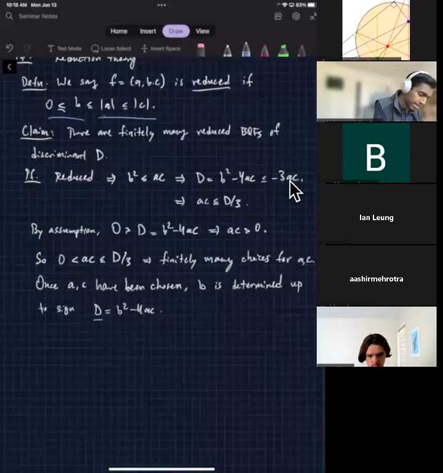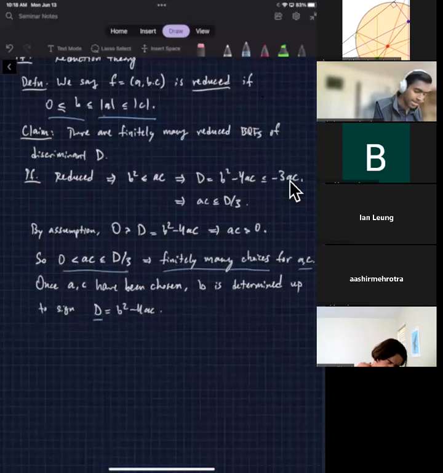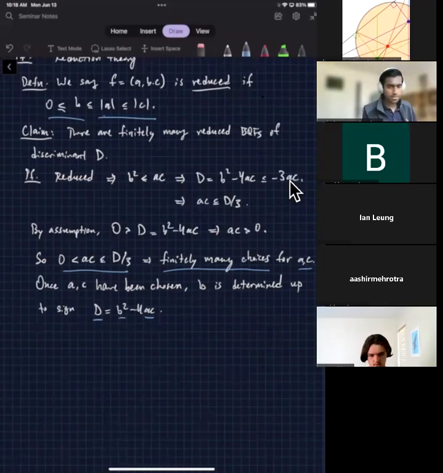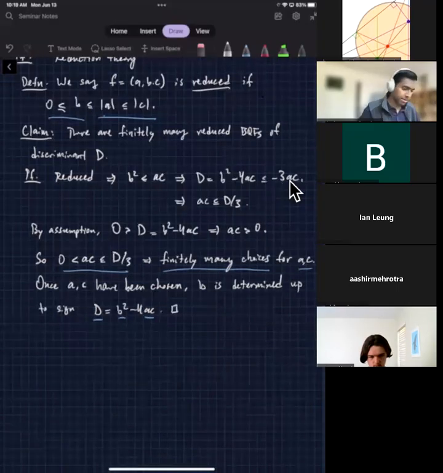And then we said that A and C had finitely many choices because they satisfied these bounds. And so A and C are determined up to finitely many choices. And once you've fixed A and C, B is determined up to sign by this equation. So that proves the claim that there are finitely many reduced BQFs of discriminant D.